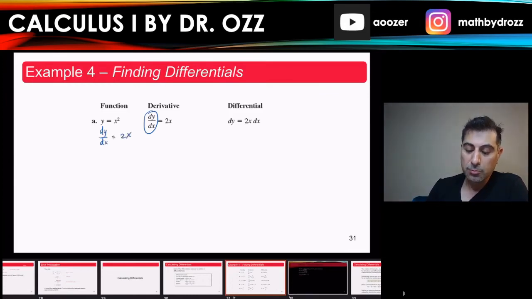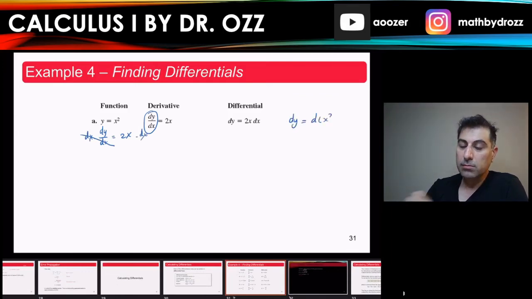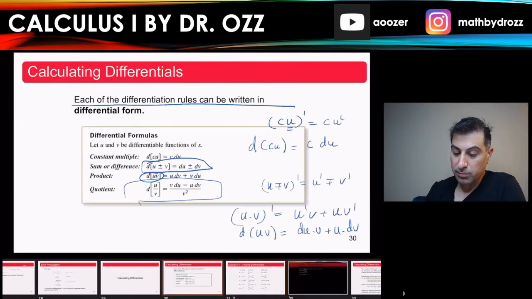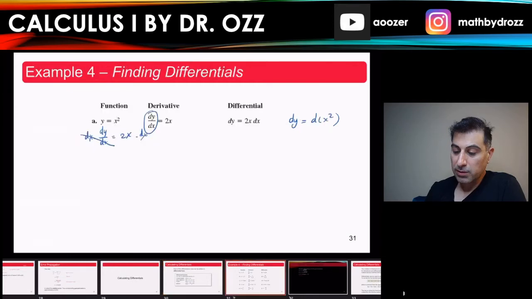So dy should equal 2x times dx if you multiply both sides by dx. These cancel out, so dy equals 2x dx. Or you can write it like this: dy equals d of x squared. This is exactly what we're doing here. dy equals d of x squared. What is d of x squared? Well, 2x times dx.